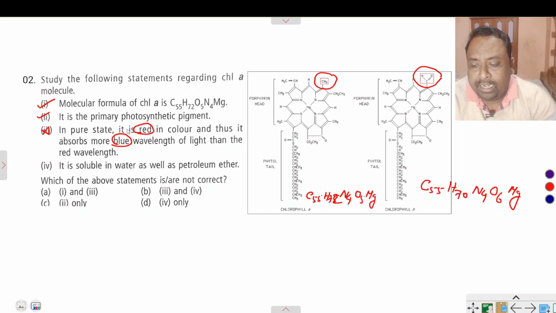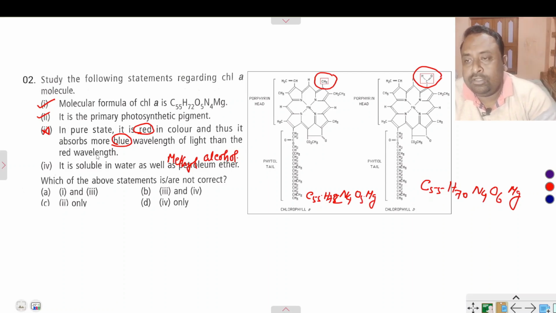No, chlorophyll A is soluble in methyl alcohol. Clear? So the right options are 1 and 2, and the incorrect options are 3 and 4.